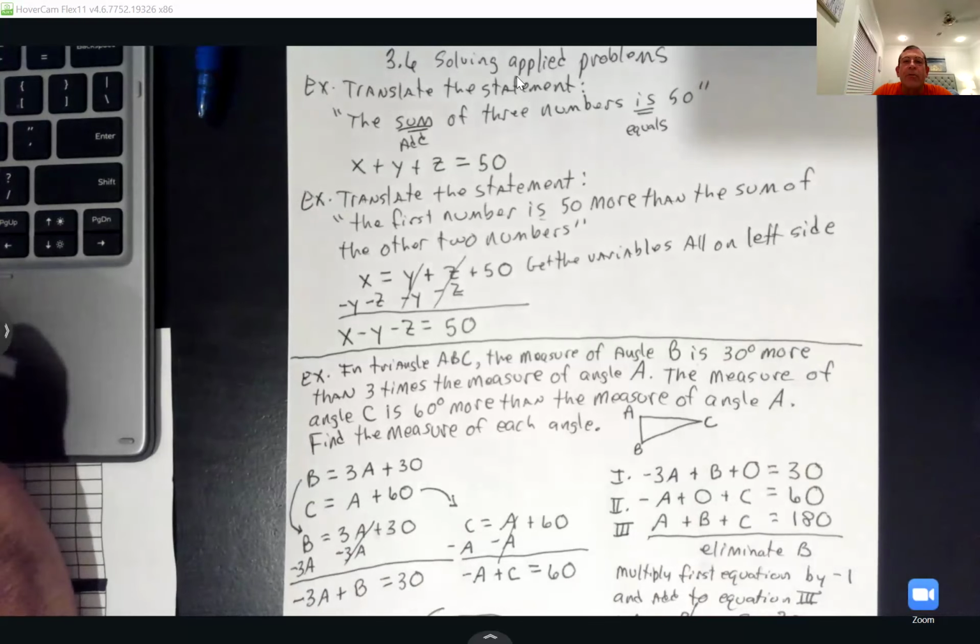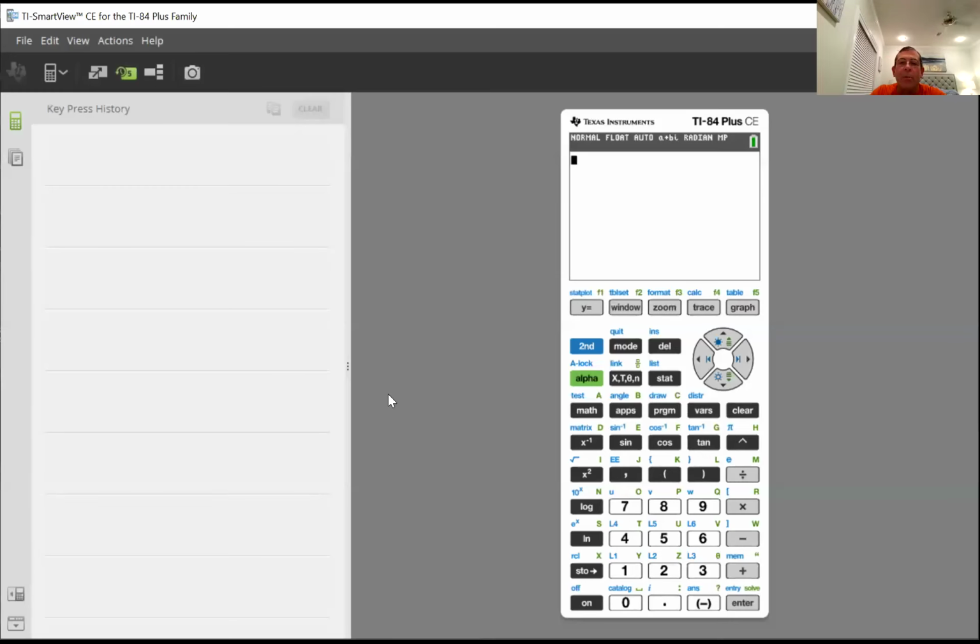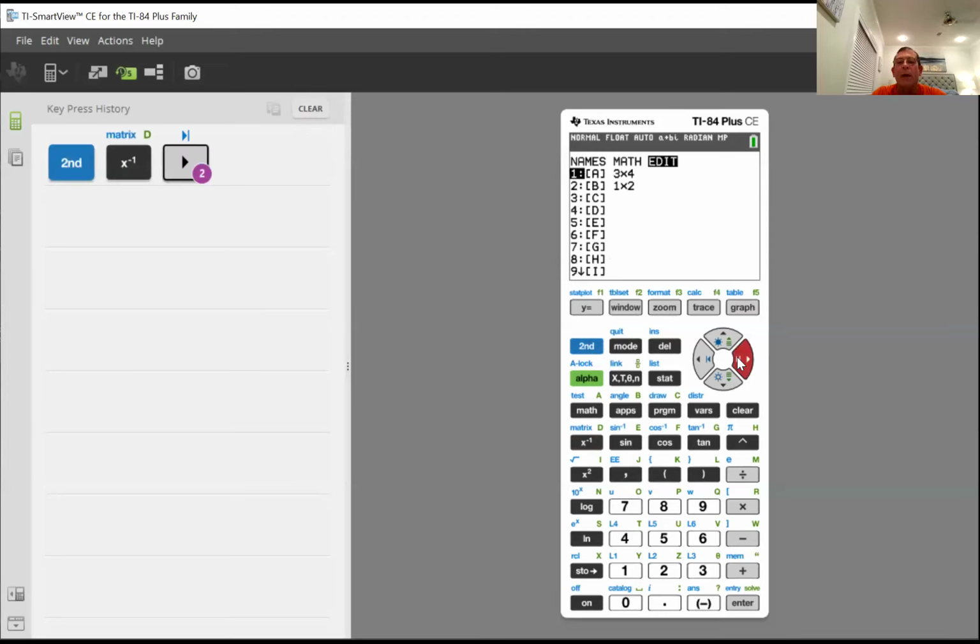All righty, y'all, so let me screen to the calculator. So remember, go to matrix by hitting second x -1, and then go edit, because we're going to put in our matrix. So I'm going to hit enter. So I still got 3x4s. So enter, enter. And then let's put in our numbers.